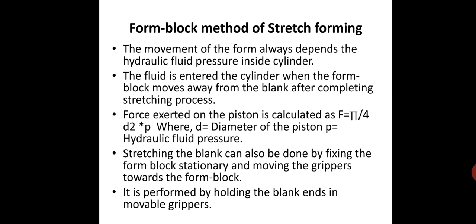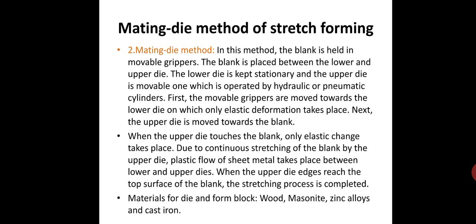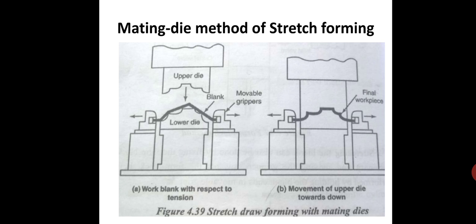This is the calculation for the force: F is equal to pi by 4 d square into p, which is how much hydraulic force is given to the form block. Next, matting die. This is the matting die method of stretch forming. Here is its diagram.